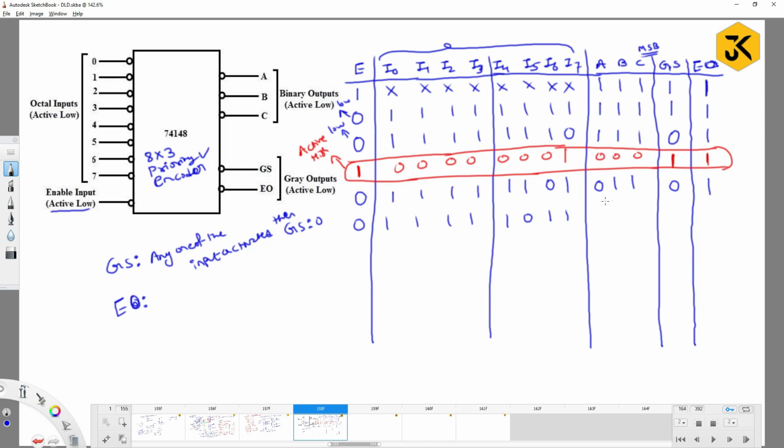Right? And now what might be the output here? So this is like 0, right? 0 1 0. Can I write directly? Okay, 0 1 0, it will be 0 and it will be 1.